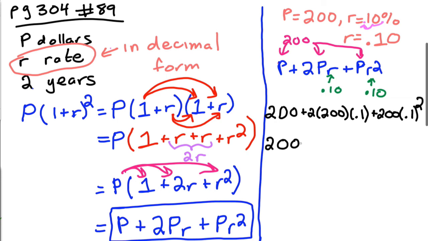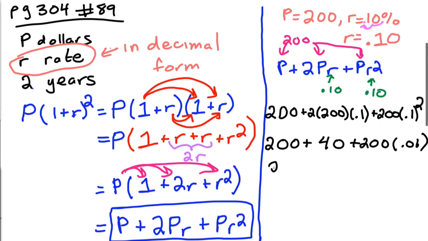So here I have 200, following the order of operations. I'm going to have 200 plus, if you multiply 2 times 200, that's 400 times 0.1, that's 40, plus 200. And again, following the order of operations, I square 0.1 first, so 0.1 squared is 0.01. Then I need to multiply 200 times 0.01 first.